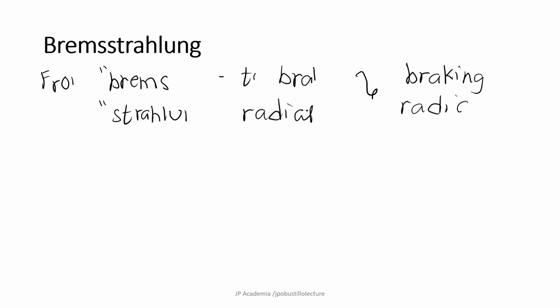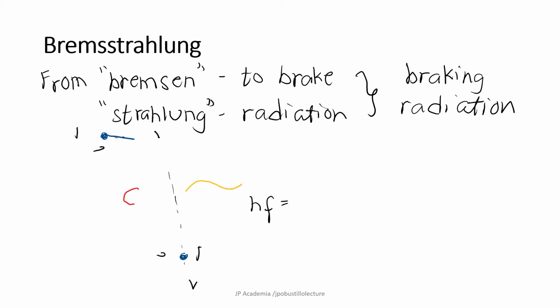Bremsstrahlung is a German word and it comes from the term Bremsen, meaning to brake, and Strahlung, meaning radiation. So thus, we have braking radiation or deceleration radiation. And this is just an electromagnetic radiation produced by the deceleration of a certain charged particle, let's say an electron, when deflected by another charged particle due to the Coulombic field, typically an electron and an atomic nucleus.